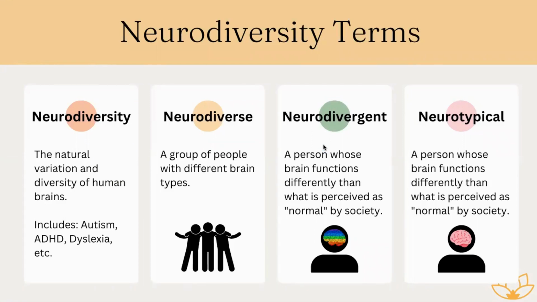People who are neurodivergent, that includes people on the autism spectrum, people with ADHD and dyslexia. So today we're going to be talking about neurodivergence as a whole, but that just kind of breaks down where you would use those different terms. So a person would be neurodivergent or neurotypical. A group of people would refer to neurodiverse.